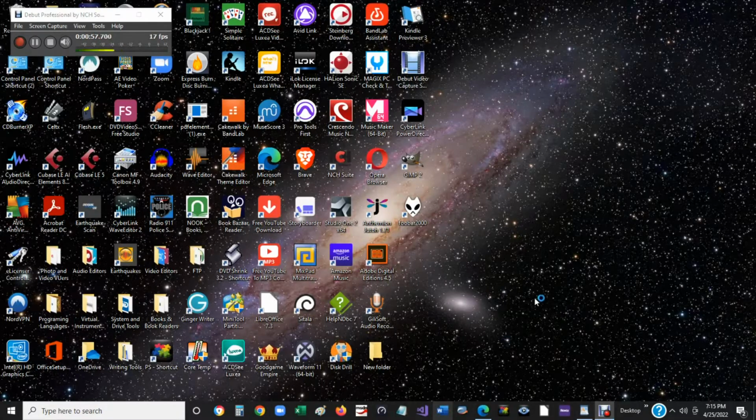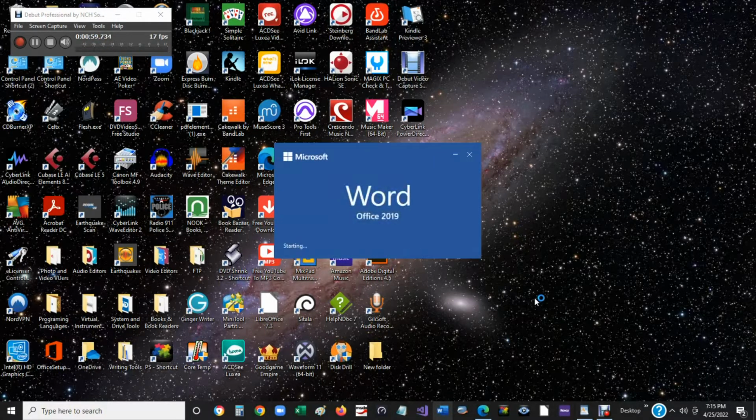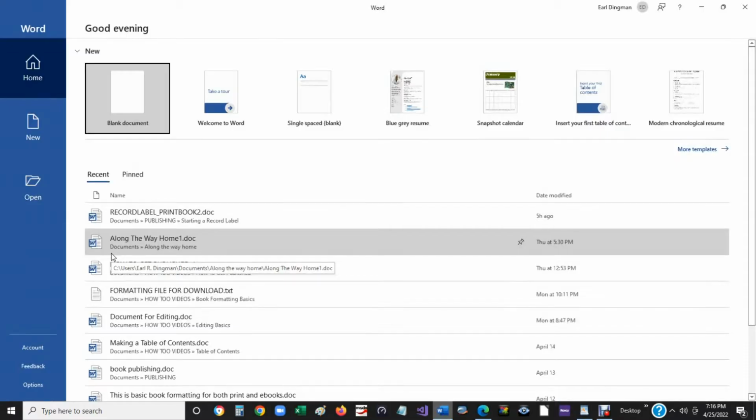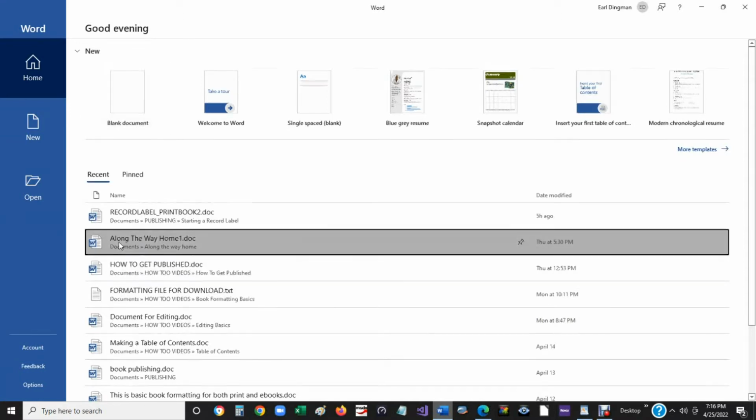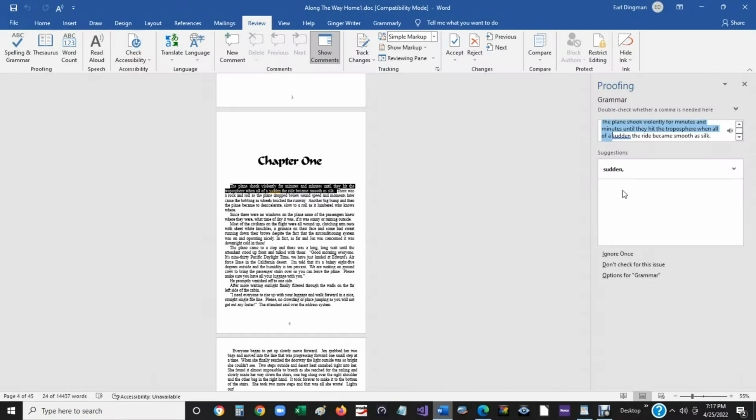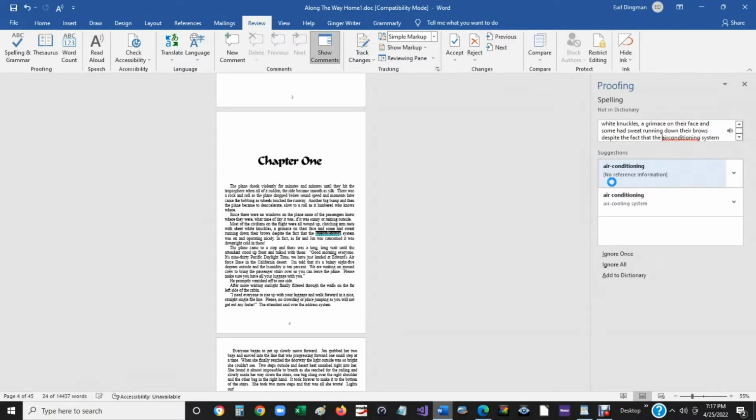The first thing I'm going to do is call up a document, a file I was working on. In Microsoft Word, first of all, it has a good spell and grammar checker. It's asking for a comma there, so I'm going to click that.